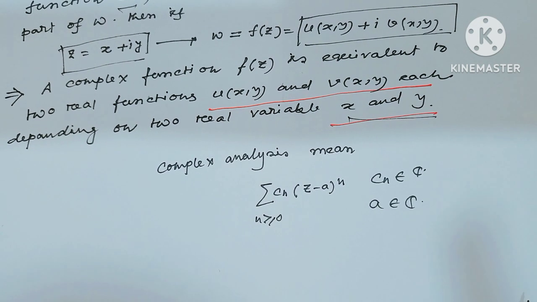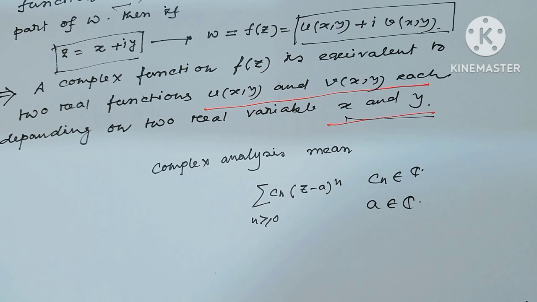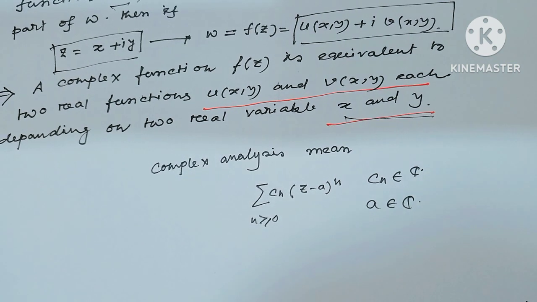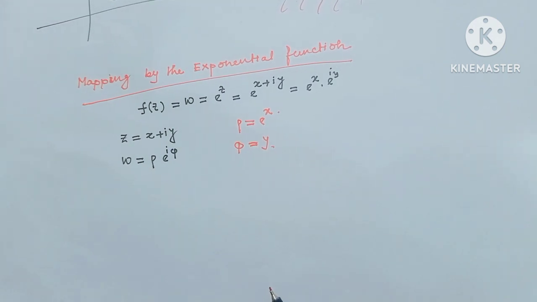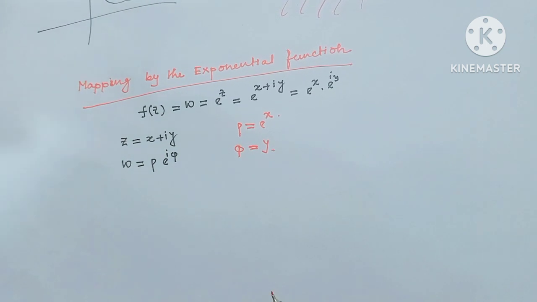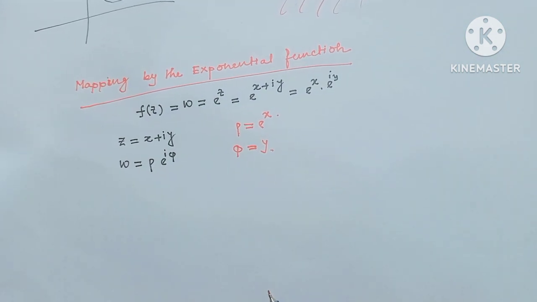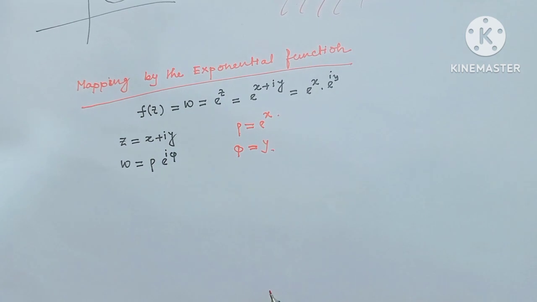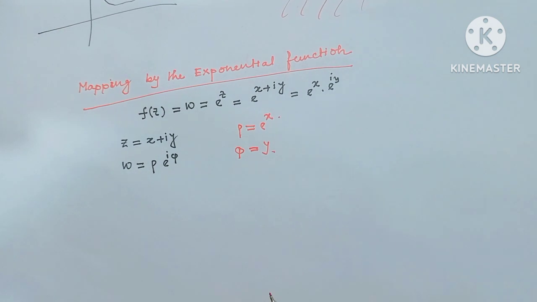Now I will discuss some basic parts which depend on topology. I will discuss one mapping by the exponential function. How do we picture the mapping in the complex plane? f(z) equal to w, and w equal to the exponential function, e to the power z, which means e to the power x plus iy, and we can write this as e to the power x times e to the power iy.